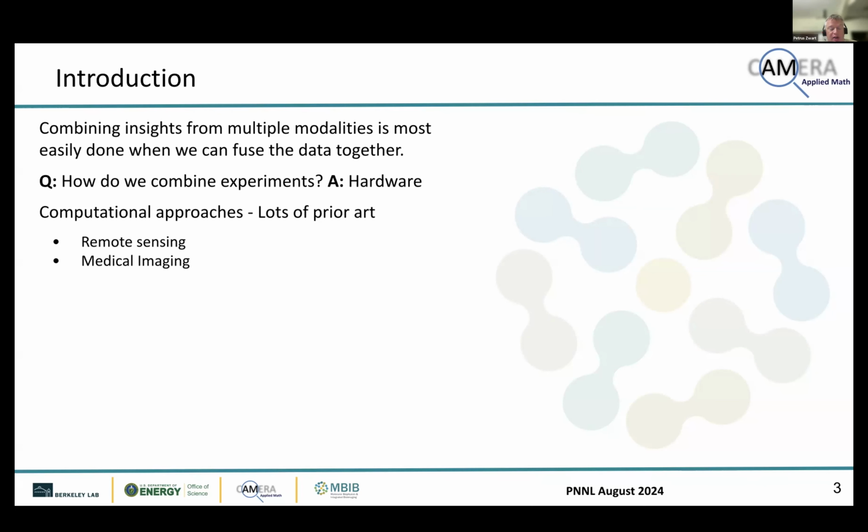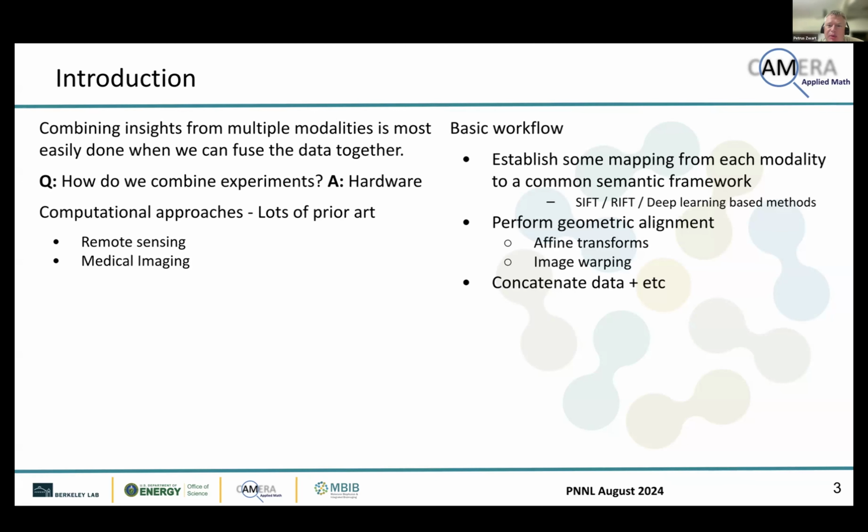And there's a lot of prior art. For instance, in remote sensing, data fusion is very normal, as well as in medical imaging. How does this typically work? Typically, what you do is establish some sort of mapping from each modality to a common semantic framework. For instance, you can use SIFT or RIFT or deep learning based methods that basically say this modality with these features maps to this kind of thing, and then I have another modality, I see the same kind of thing, like an edge, a corner.